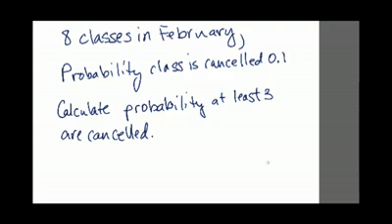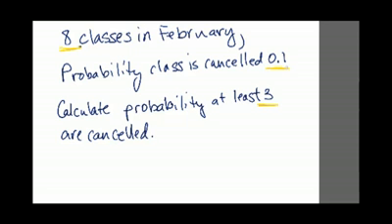Today we're going to look at a binomial probability problem example. How do I know it's a binomial probability? Well, I know it's a binomial probability because out of 8 classes, I'm asking the probability of a subgroup of those classes given a probability.